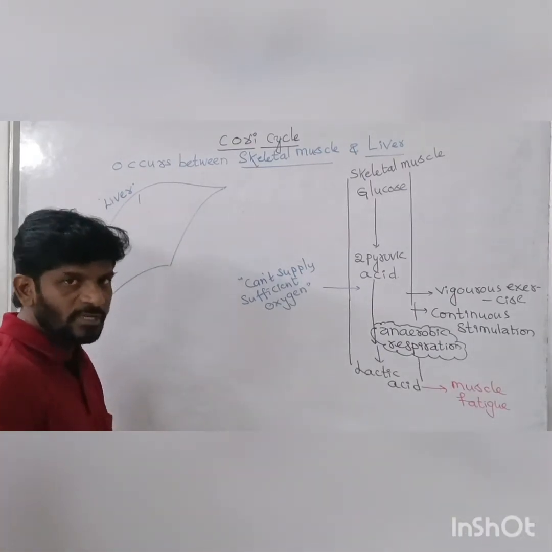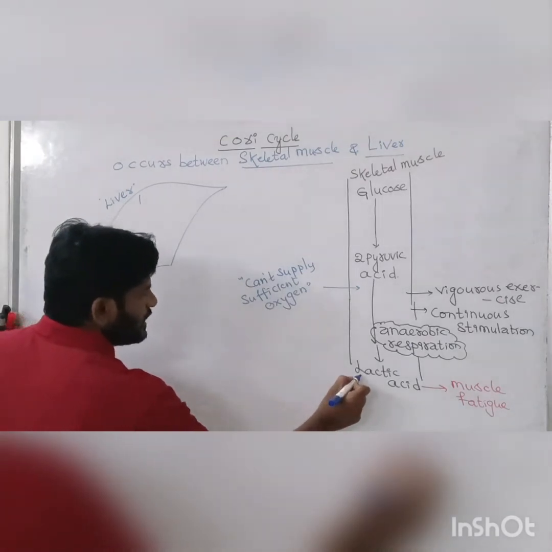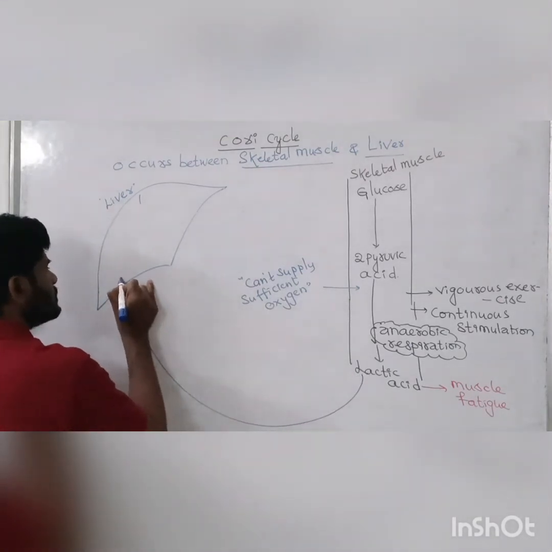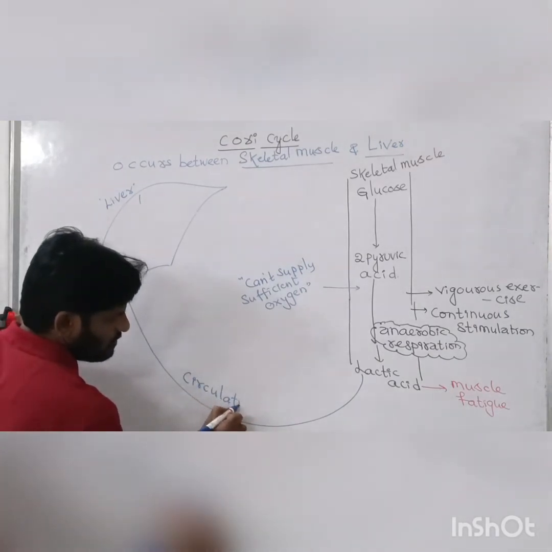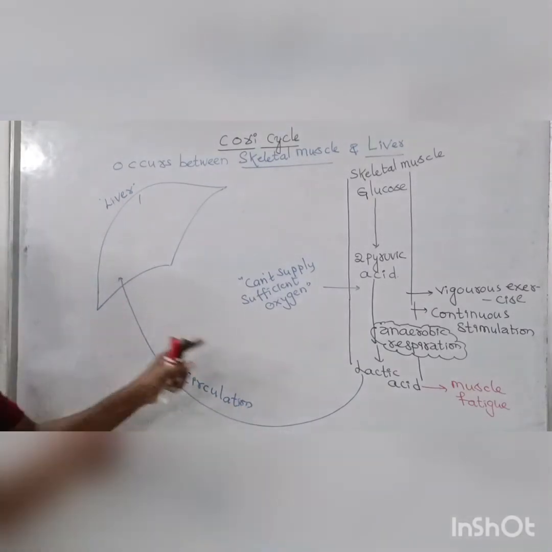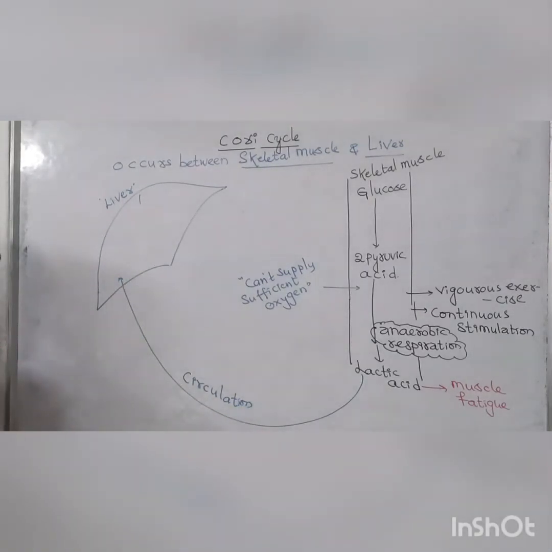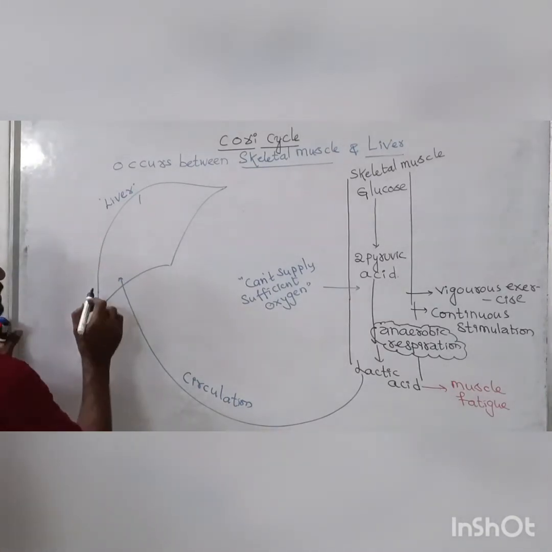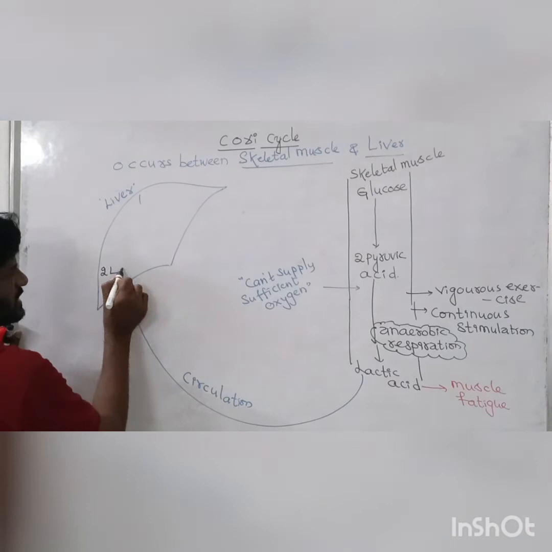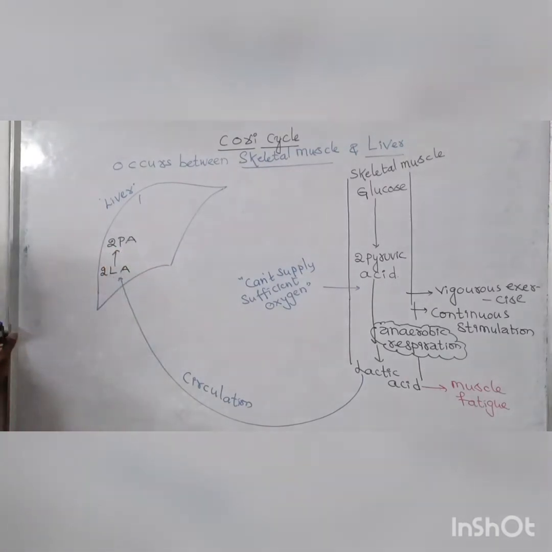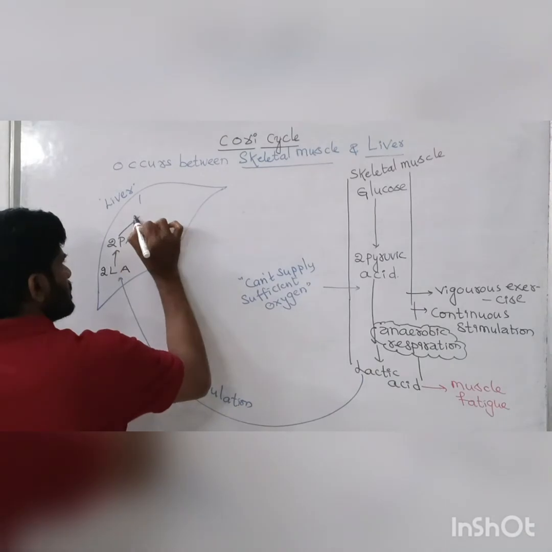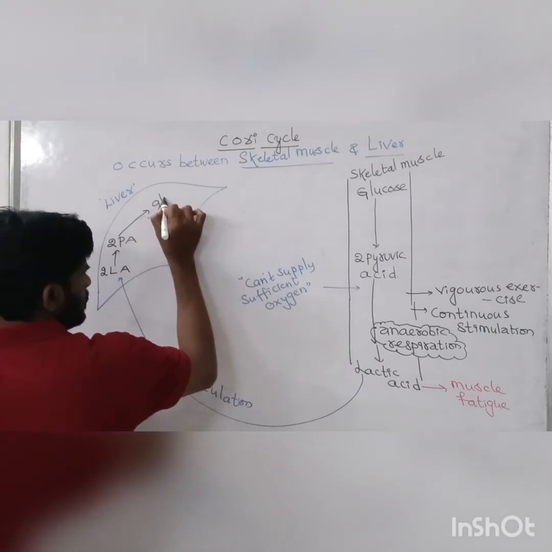But that can be rejuvenated. How? The lactic acid from the skeletal muscle goes to the liver via circulation, via blood. What happens inside the liver? In the liver, two molecules of lactic acid convert into two molecules of pyruvate or pyruvic acid, and that pyruvic acid converts into glucose.